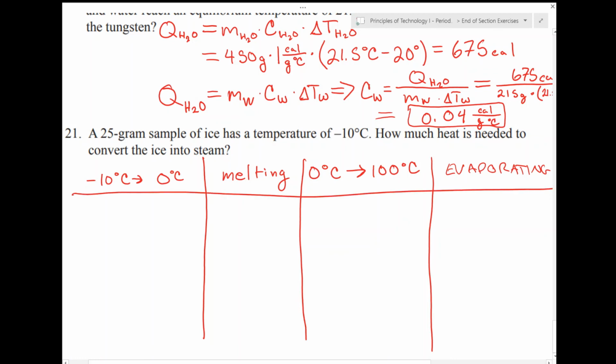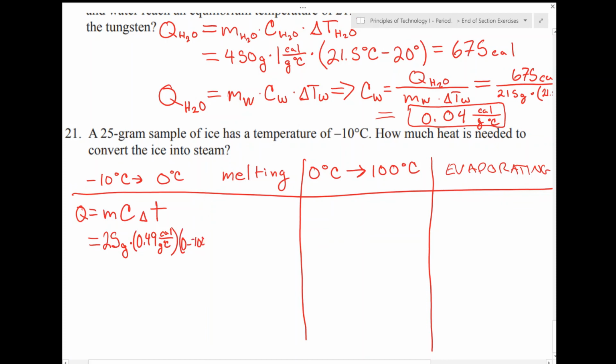For the first part, we're going to use heat is equal to mass times specific heat times change in temperature. So the mass of this sample is 25 grams times the specific heat of ice, which again is found in that table 1.7 and is equal to 0.49 calories per gram degrees Celsius, times the change in temperature of the water, which is 0 minus negative 10 degrees Celsius.